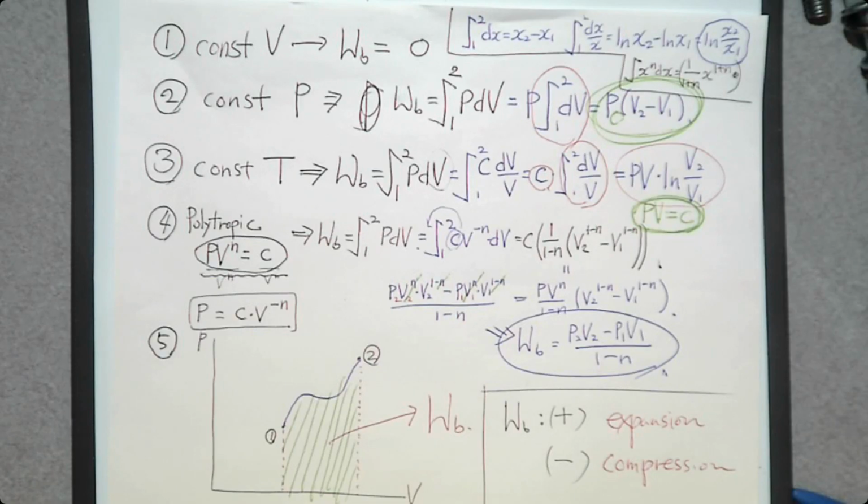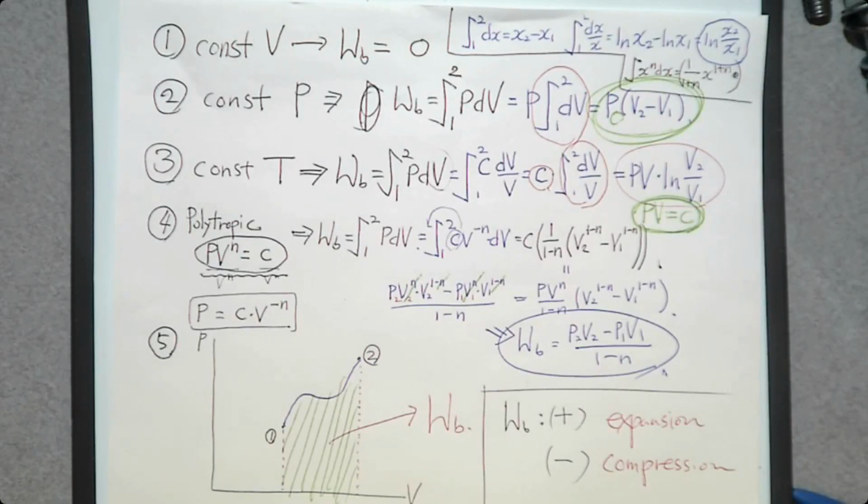If you know how this process looks on this PV diagram, and you are able to calculate the area under this curve, then the area is going to be the moving boundary work. But if you use this graph, you need to determine the sign of the moving boundary work because the area is always positive.